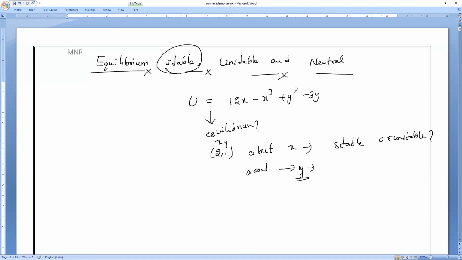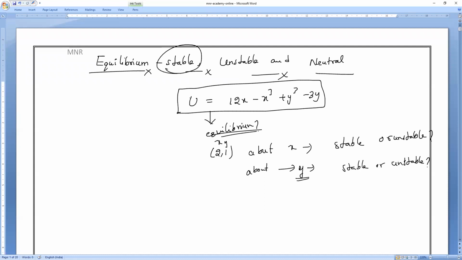Or equilibrium at y, is it a stable equilibrium or an unstable equilibrium? Like this, they will ask you in the exam. For the given potential energy, first, is it in equilibrium or not; second, is it stable or unstable. That is basically what they will ask you in the exam.